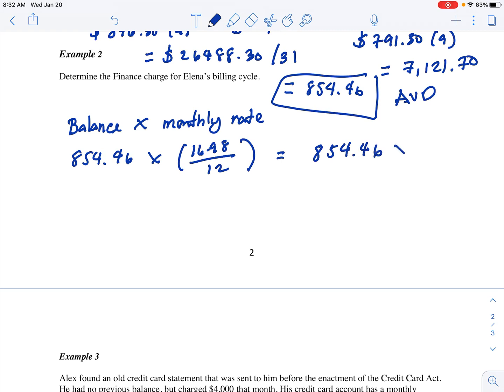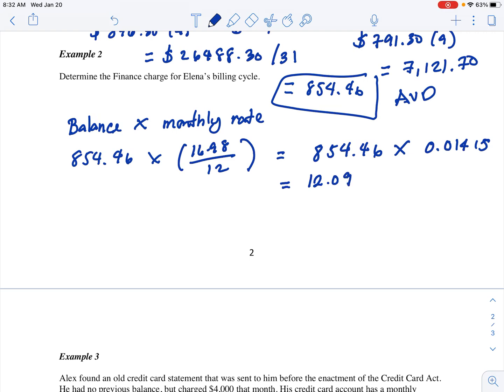So 854.46 times 0.01415. Okay. And that is going to equal 12.09.